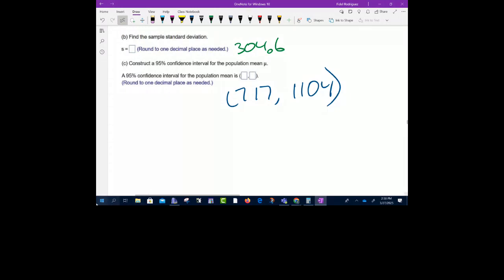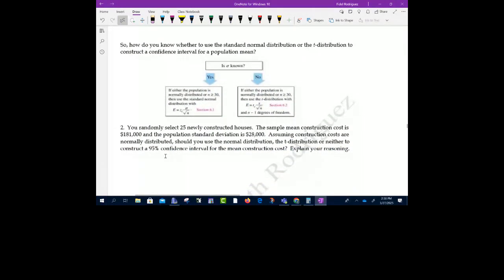Okay. So look, y'all, let's come back over here. How do we know to use the standard normal distribution or the T distribution? Y'all, if we have the population standard deviation, this one, then this is the guy that we use.